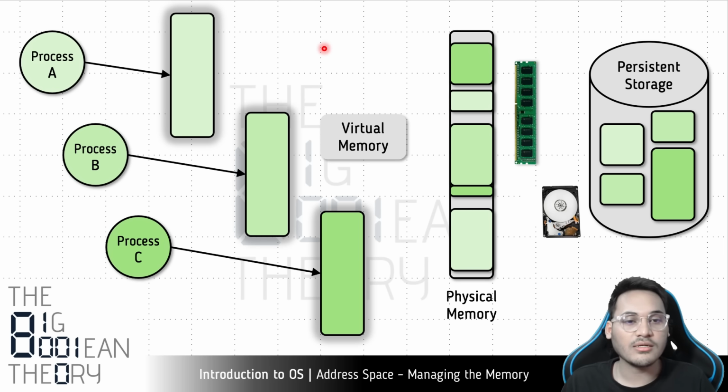And there are many factors that the operating system has to keep in mind when managing the resource, that is the memory. First of all, the operating system has to decide whether the memory has to be allocated in a continuous manner or a non-continuous manner like this. As you can see, these are virtual addresses and they have to be mapped to physical addresses.